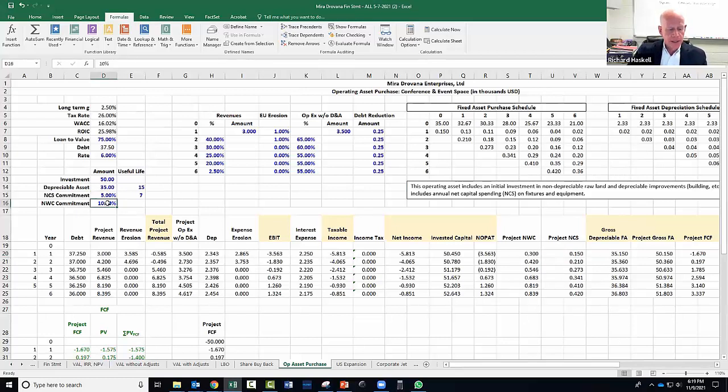I'm similarly making a commitment to net working capital. And where am I seeing that? Well, I can look at trace dependence, and I see that in the project net working capital. What is it 10% of? It once again is 10% of project revenue. Remember, we've argued all along that revenues follow assets for about 93% of the firms in the marketplace.